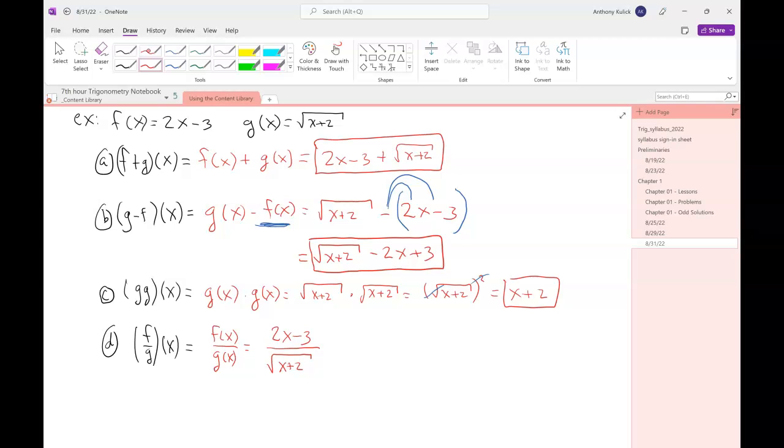In your geometry class, you talked about how we weren't going to leave a radical in the denominator of a fraction. And that's just a convention, right? So what I would say for you guys is in this class, if that radical in the denominator has a variable in it, just leave it the way it is.